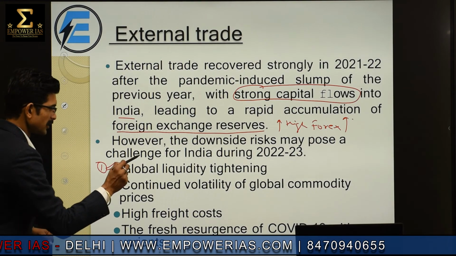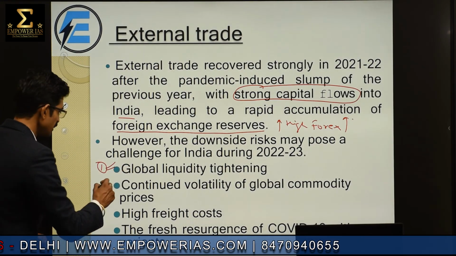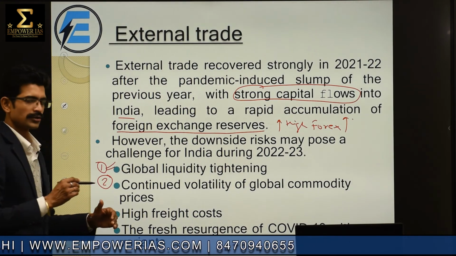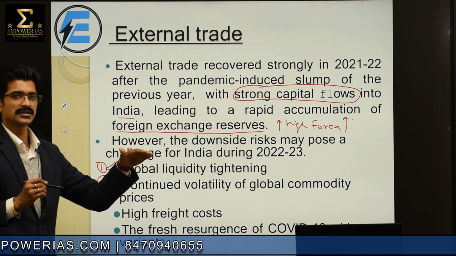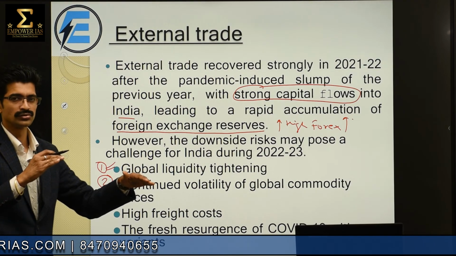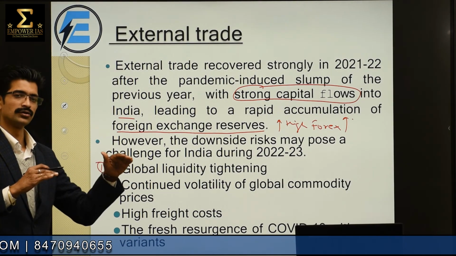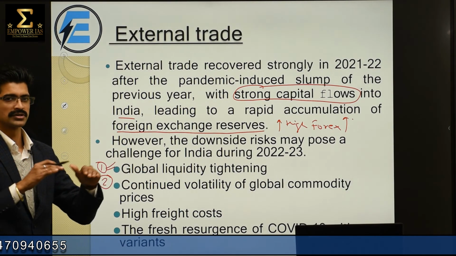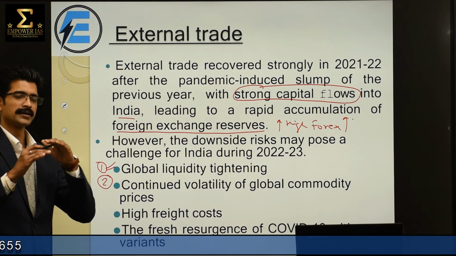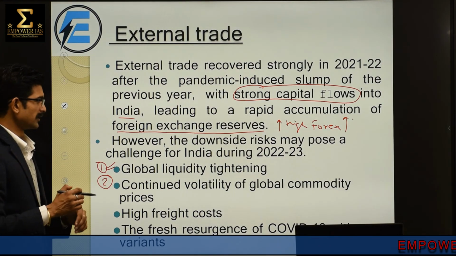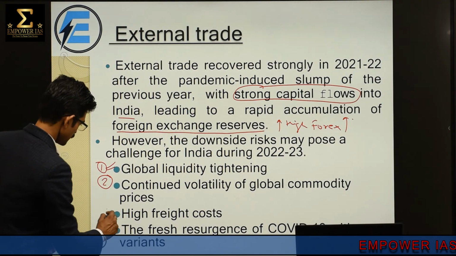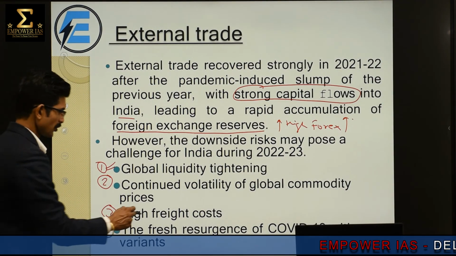Then next is the continued volatility of global commodity prices. There is constant volatility in global commodities where goods and services are being stopped in the eurozone. Then many of the goods are not taken by China, so the US-China crisis is there, the Russia-Ukraine crisis is there, so such volatility continues. Then third is high freight cost.